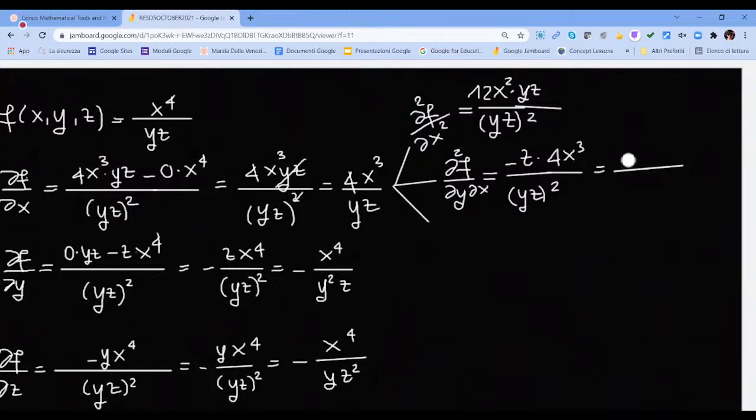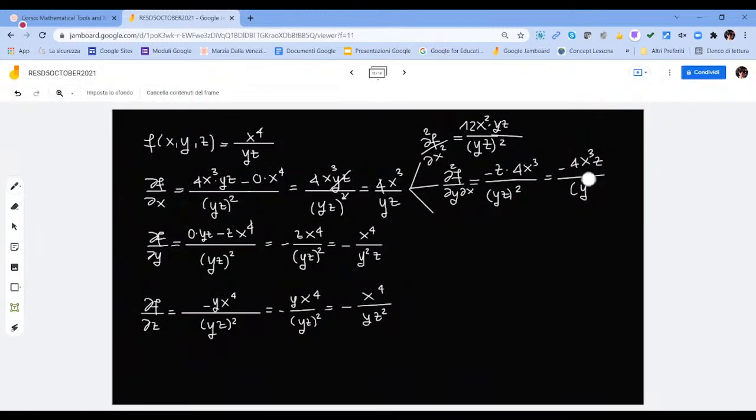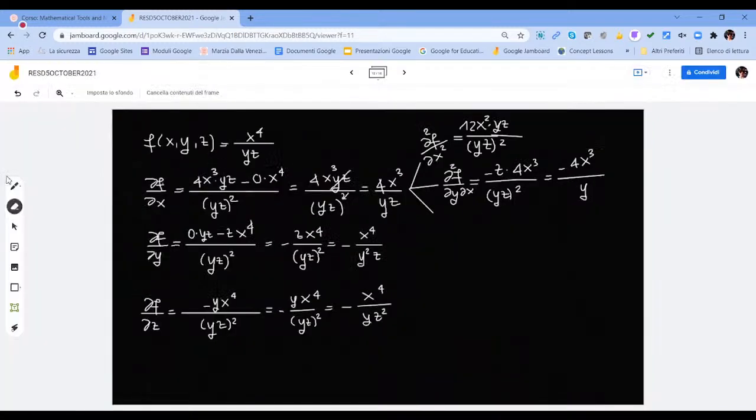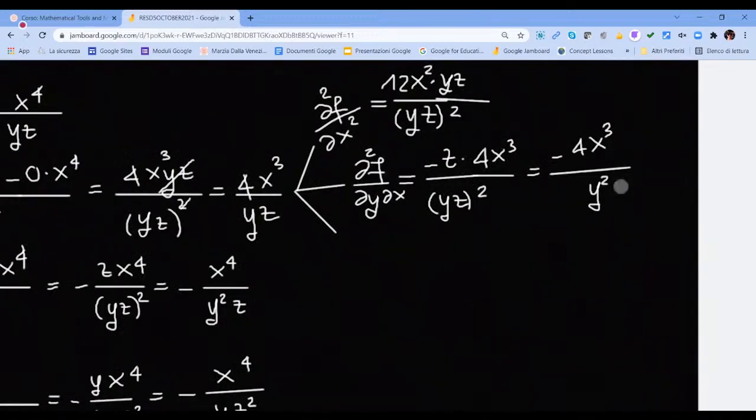Okay, so it is minus 4x third z divided by y z square, but maybe you can simplify one power of z and rewrite instead of z square only one z, and so on.